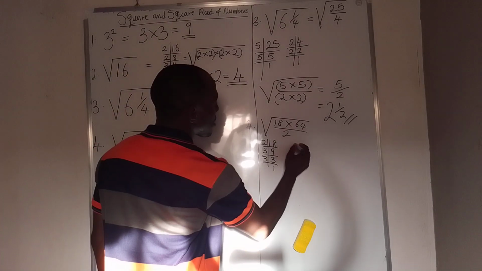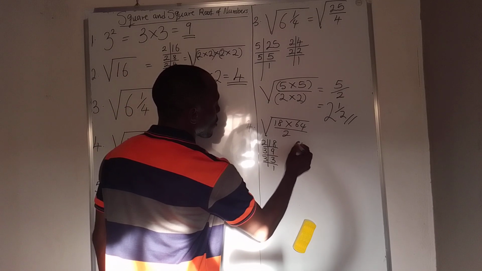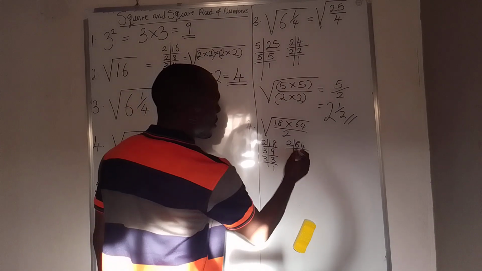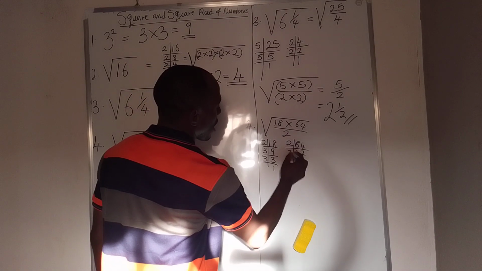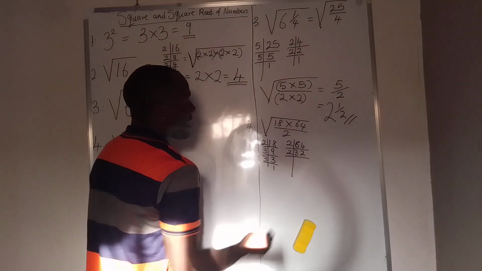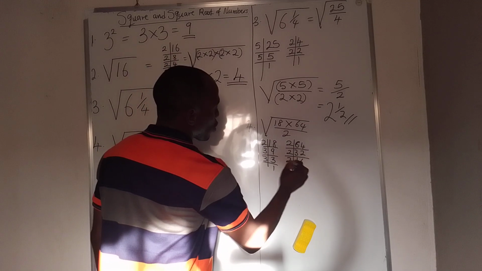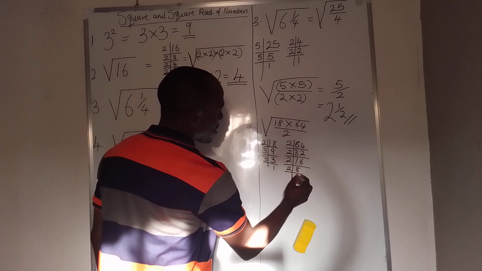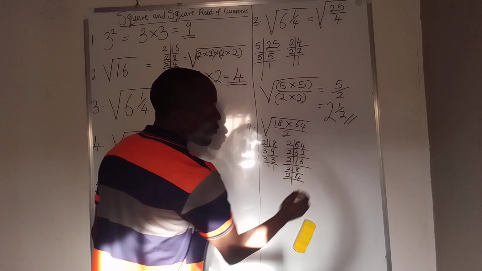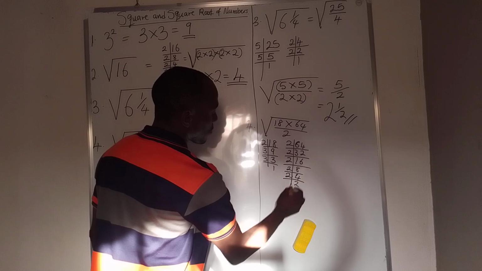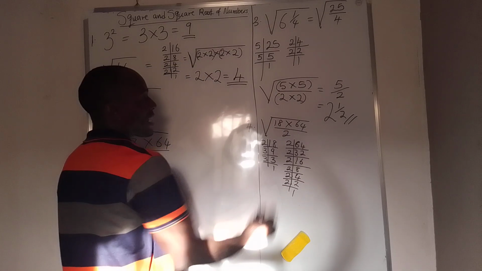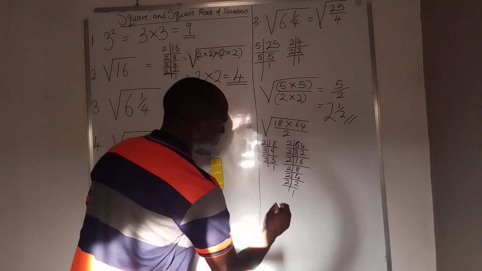For 64, we divide. 2 into 64 is 32, and 2 into 32 is 16. 2 into 16 is 8, and 2 into 8 is 4. 2 into 4 is 2, and 2 into 2 is 1. So 2 alone is standing. Let's draw our square root sign.